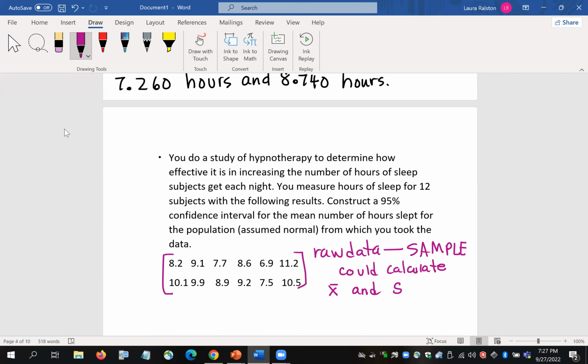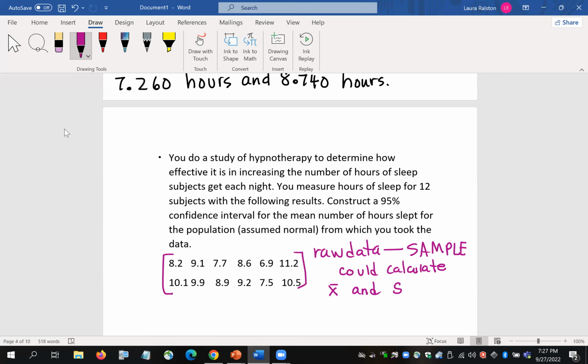But again, I don't need to calculate the confidence interval because Minitab is going to do it for me, just like I did before, except I'm going to choose one sample t for the command. Guys, don't overthink it. It's the same process, the same thing. It's just a matter of, are you going to do Z or are you going to do T?